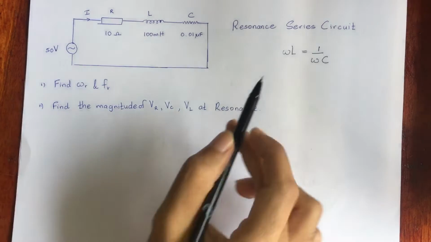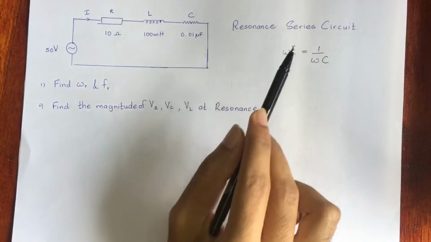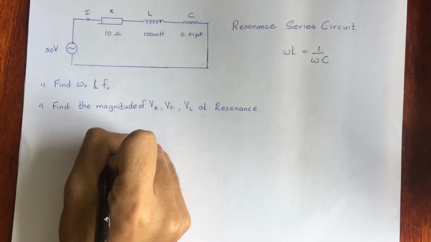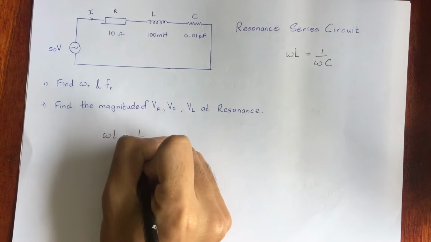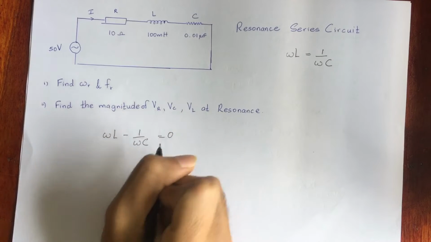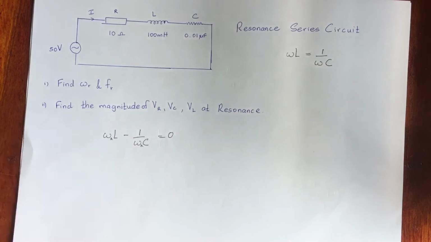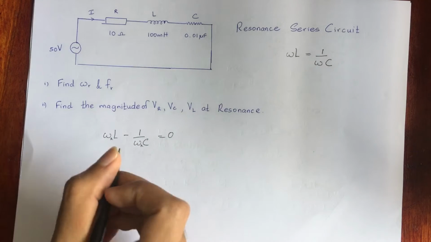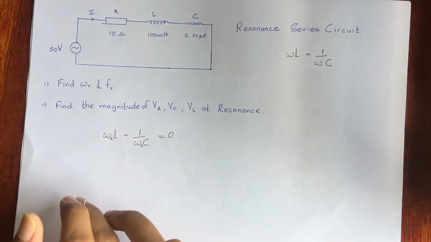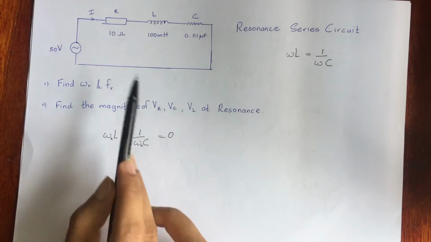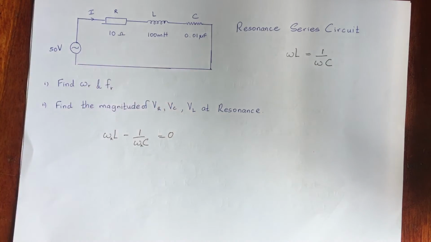We already discussed that equation. We are going to use it: omega L minus 1 over omega C equals 0, and this omega would be omega R when the circuit is in resonance. We know the value of L, which is 100 microhenry, and the capacitance would be 0.01.